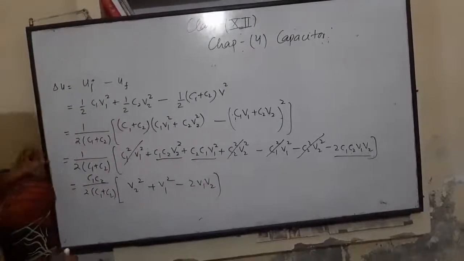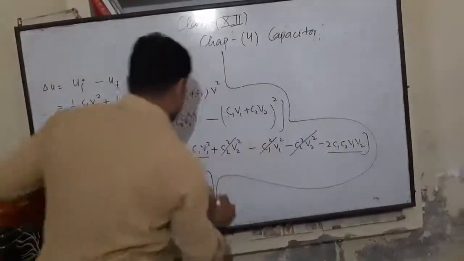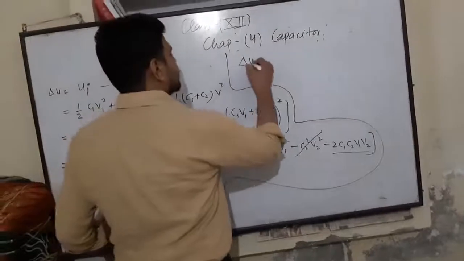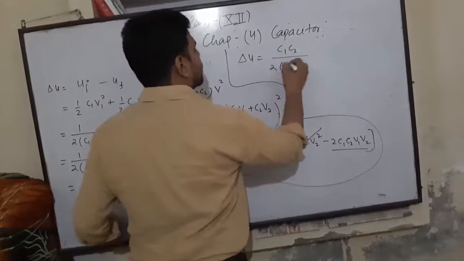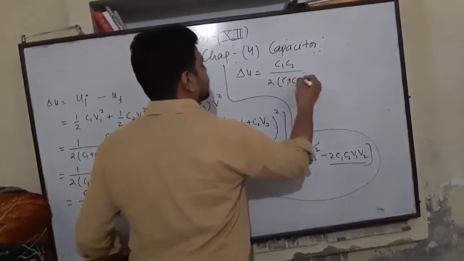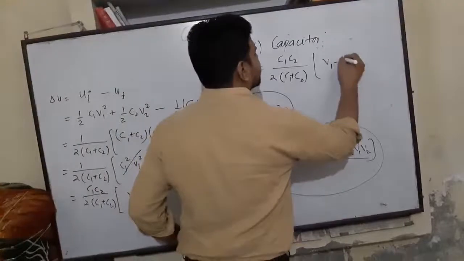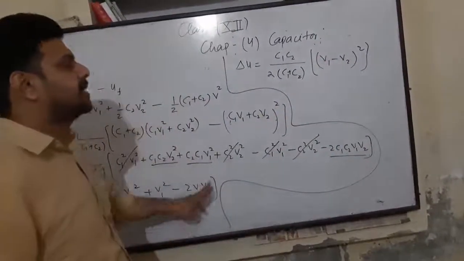Now this expression becomes delta U is equal to C1 C2 upon 2 times C1 plus C2 and it will be V1 minus V2 or V2 minus V1 whole square, doesn't matter.